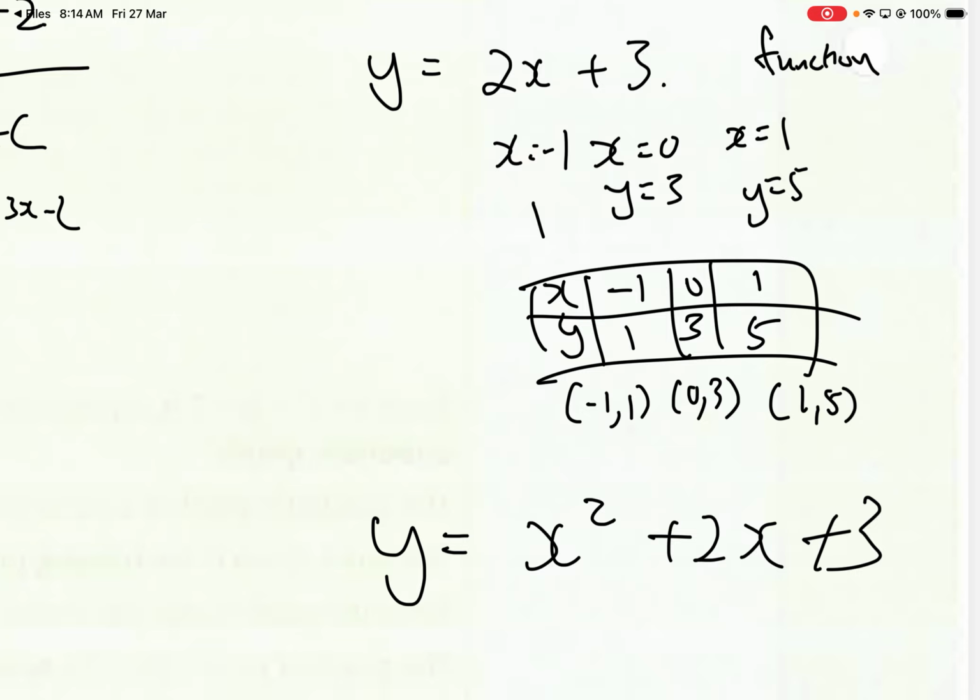So when my expression or my equation, the x got a power of 2, we call this a quadratic. So quadratic function is just like function, but just now we have a x squared term. So now we call this a quadratic function.